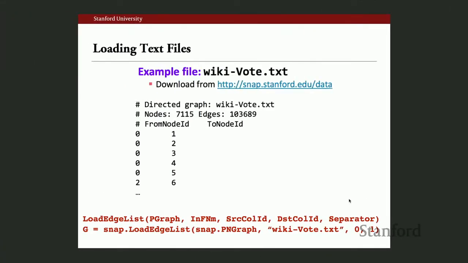And then one thing I'd also want to call out, because this is also relevant to the homework: a lot of times, this snap function to load an edge list works great. I mean, it always works, but sometimes the use case that you have for the graph, it's not expressive enough.